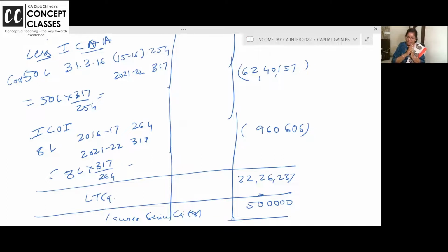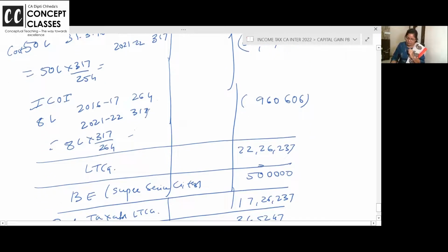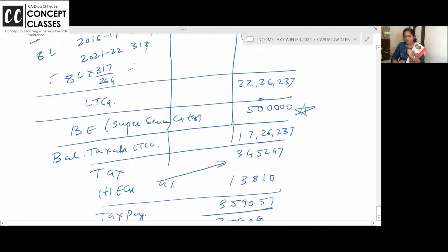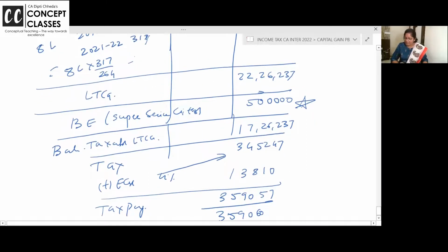Correct, it is coming. देखो, it is 317 index for 21 22 and for 16 and 17 it is 264. Check where you went wrong. Long term capital gain is coming this. And basic exemption. If you miss out on this, gone, pitfall. अरे मैम मैं तो 250 लिया, मैं तो एज ही भूल गया. एज तो पहले लिख लेना. Now you are getting correct?